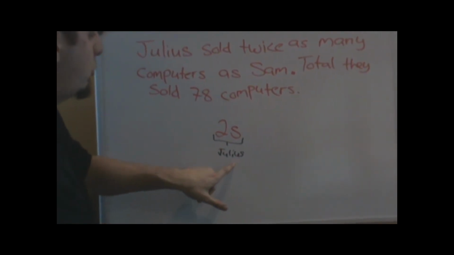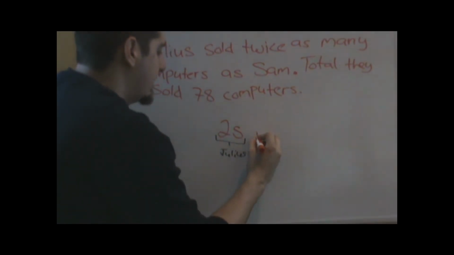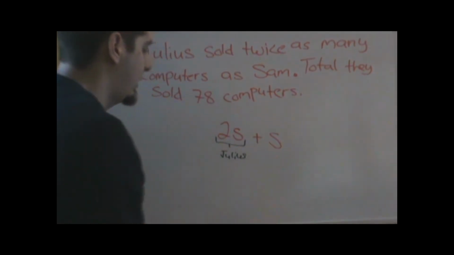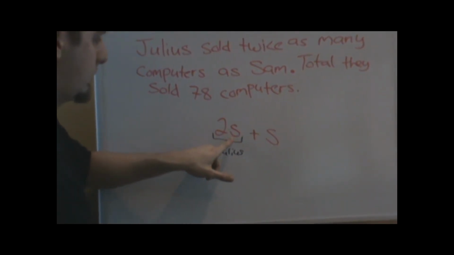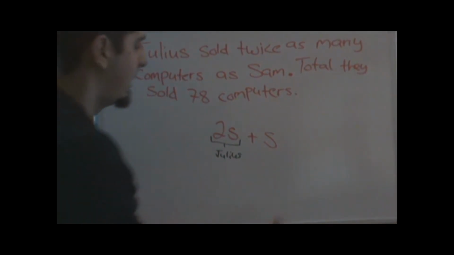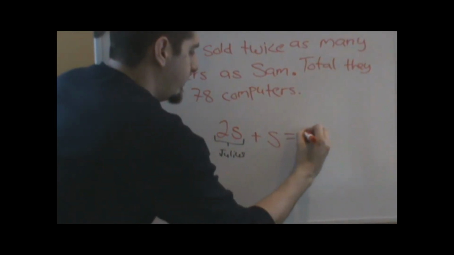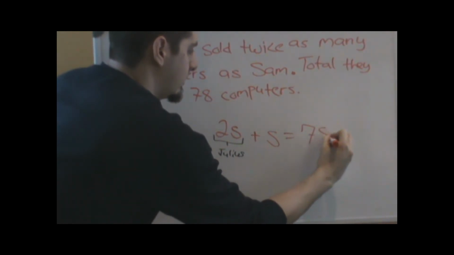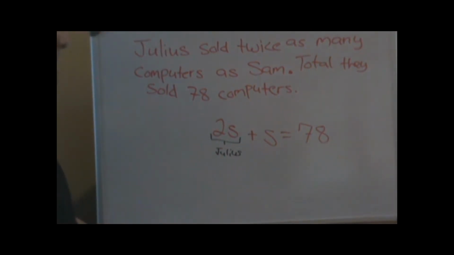So here I have the amount Julius sold. If I add that to the amount Sam sold, okay, because remember Julius was twice the amount that Sam sold, plus the amount that Sam sold. That's how you read that. It should equal 78.